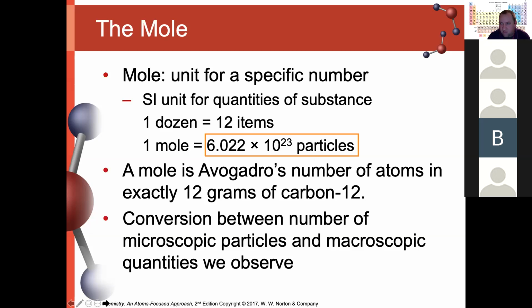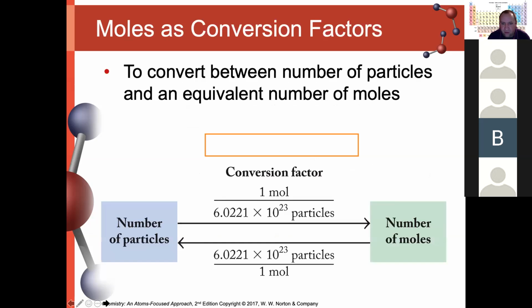Whereas moles gives us that number. And so from that perspective, we can use Avogadro's number as a means to compare the number of particles of something and the number of moles of something by simply using Avogadro's number as a conversion factor, just like we did in chapter 1 with using conversion factors to go from grams to pounds or liters to milliliters or anything like that.